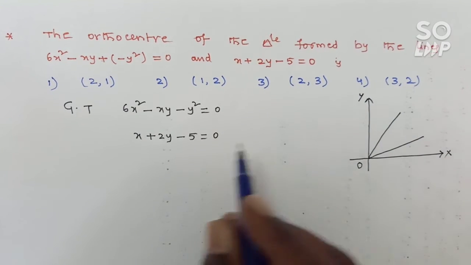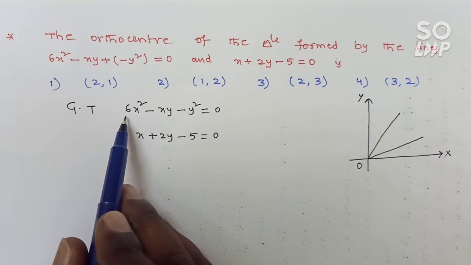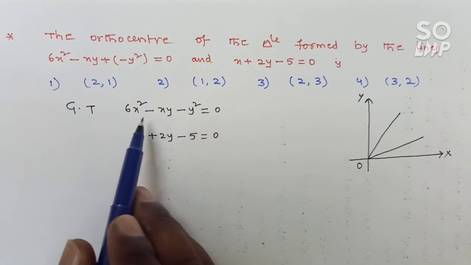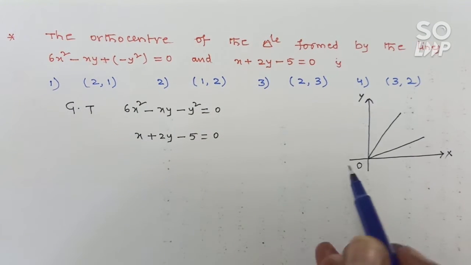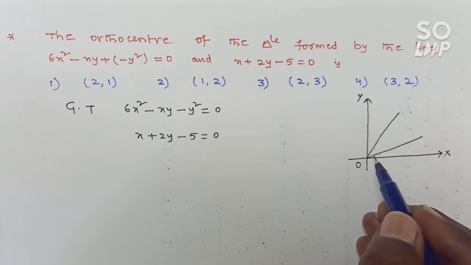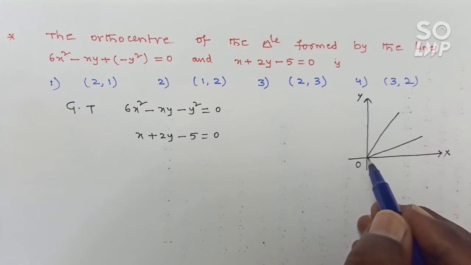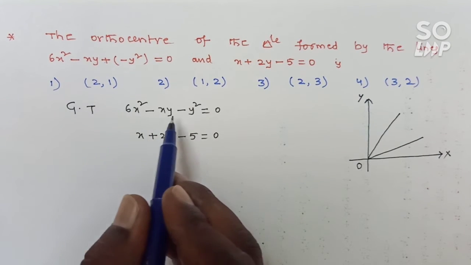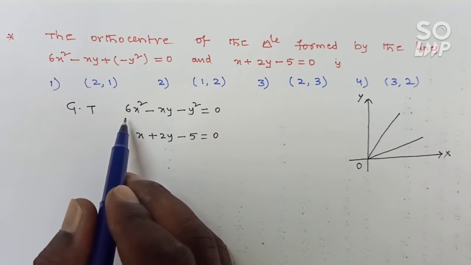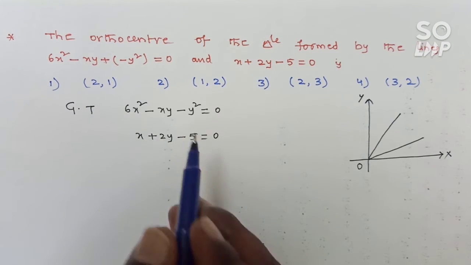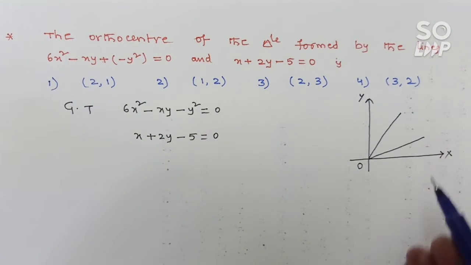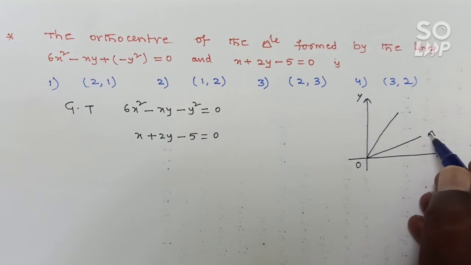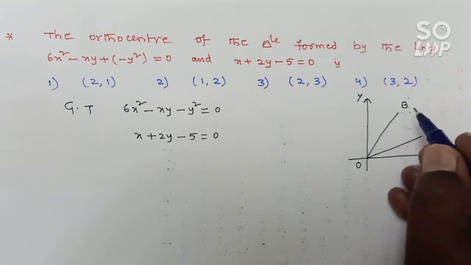In the given homogeneous equation, if the sum of the x² and y² coefficients is 0, these two lines are perpendicular at the origin. Clearly in this equation the sum of the x² and y² coefficients is not equal to 0. Let this one be A and this one be B.